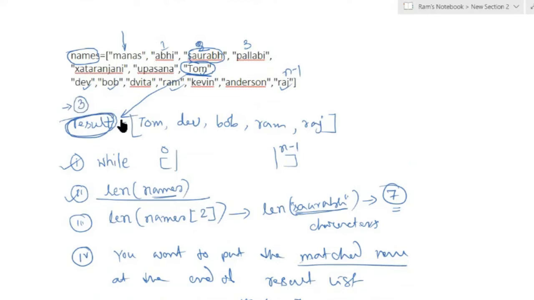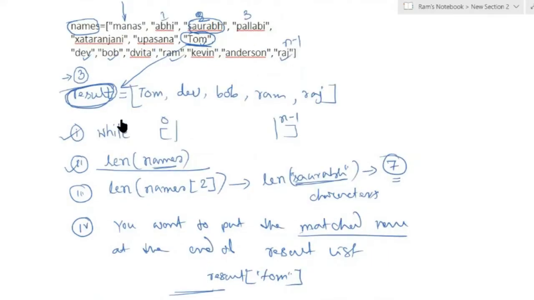So how are you going to approach the problem? First thing is, we want to iterate over all the names present in this list, and in each iteration, we want to compare whether the number of characters in the name in a particular cell is the same as 3.